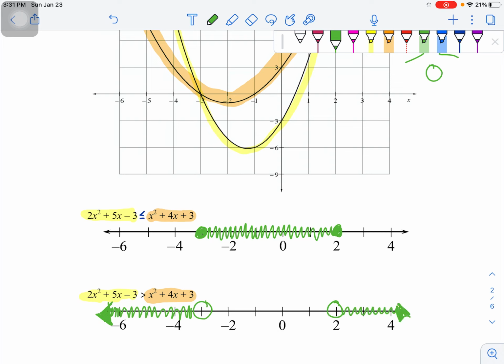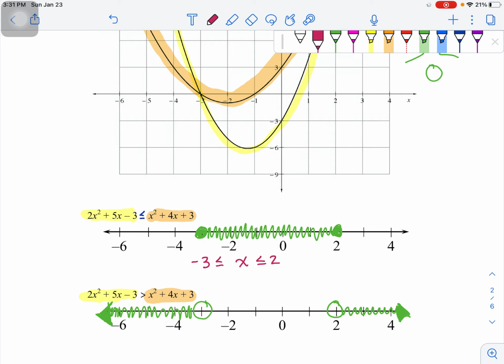Now we need to write these not only graphically, but algebraically. I'm going to use that in red. Here, we've got from -3 to 2. So that's algebraically how we're going to represent our solution between -3 and 2, including those ends.